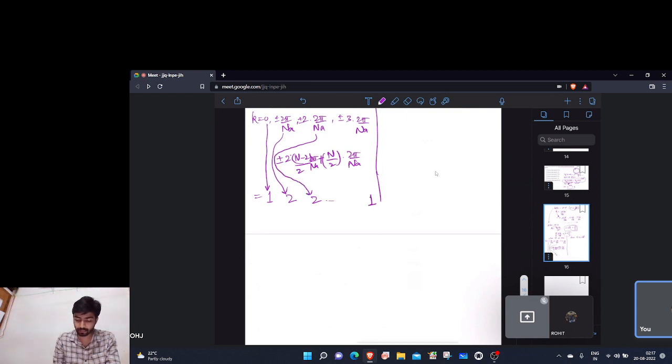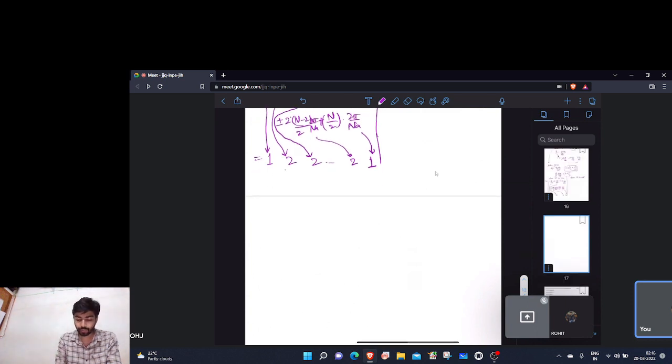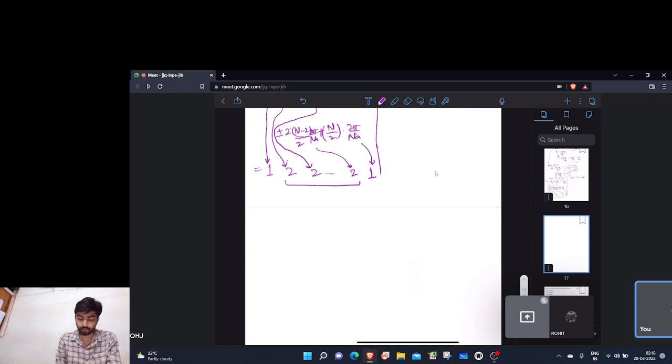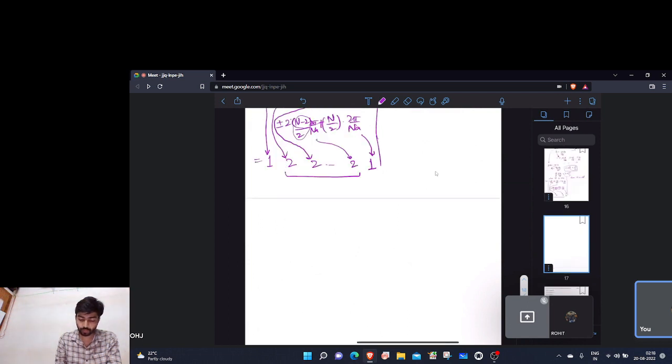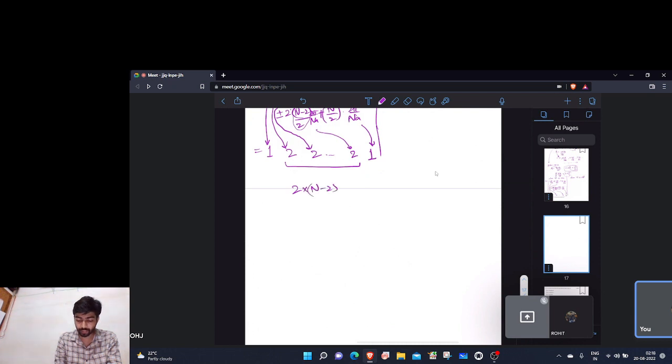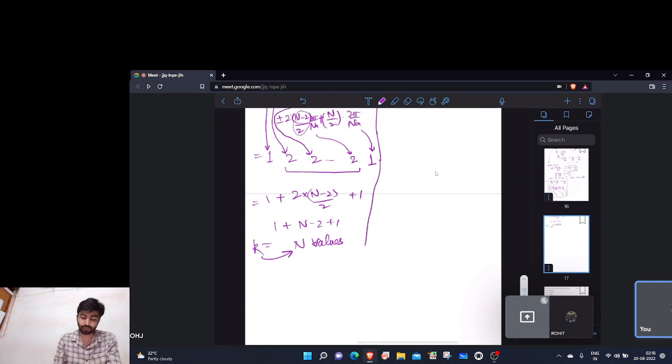Finally we have a single state corresponding to the last, and we have two states for the second to last term. How many times do these twos appear? There is a 1, a 2, a 3, and so on, up to the term (N minus 2) by 2. So these twos appear (N minus 2) by 2 times. Then we have 1 and 1, so the total becomes N values. So k can take N values when N is even.